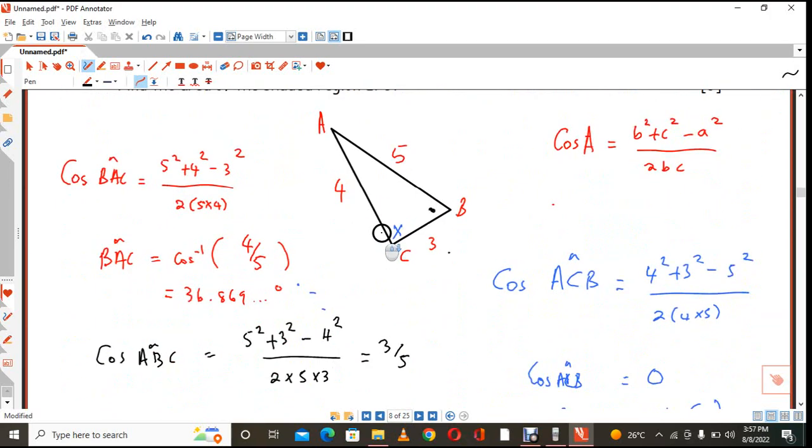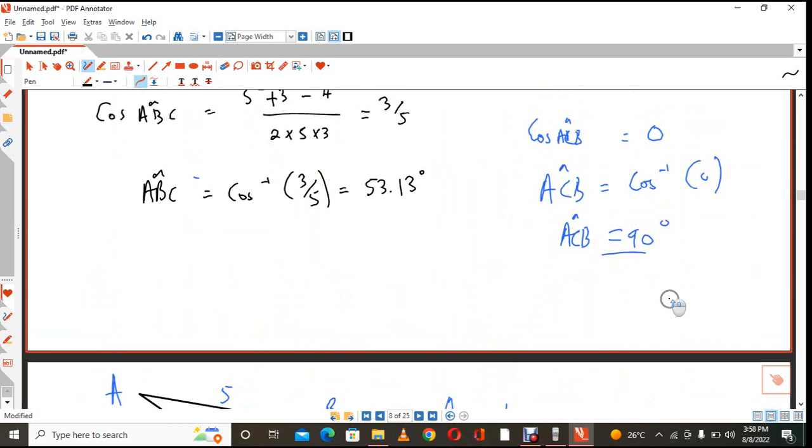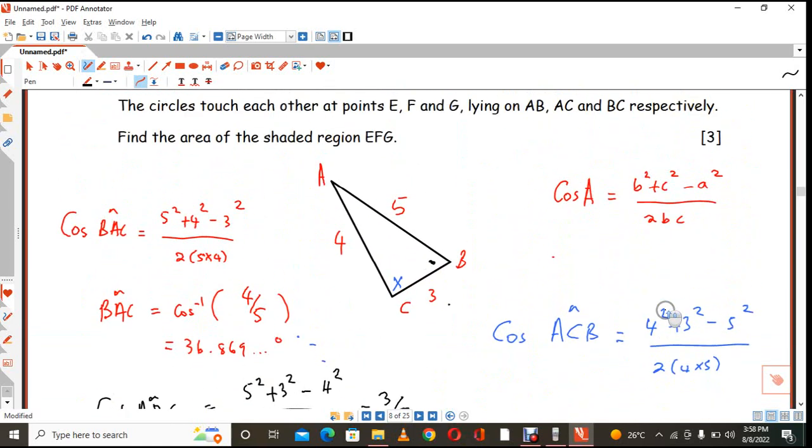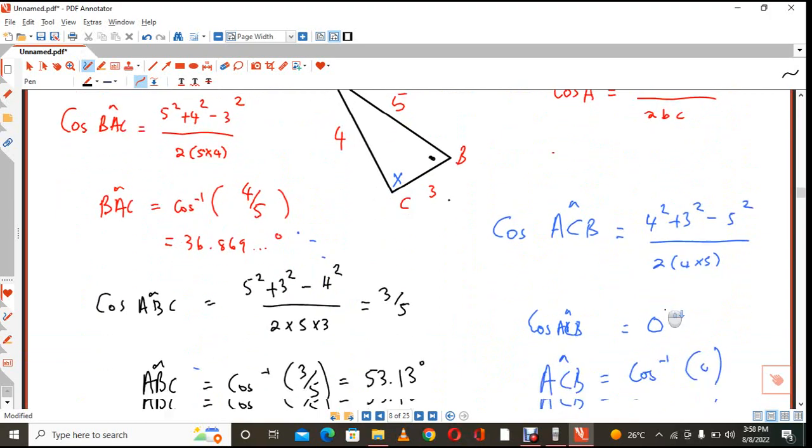Pi over 4. I just want to see if the pi is really squared.